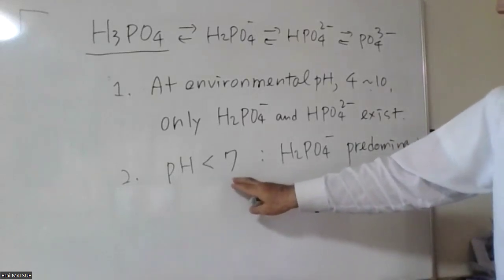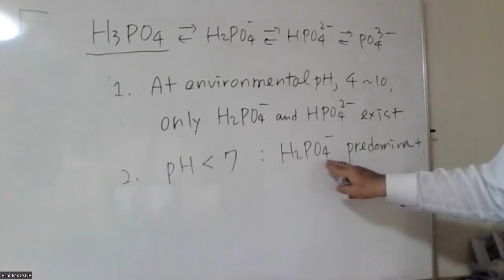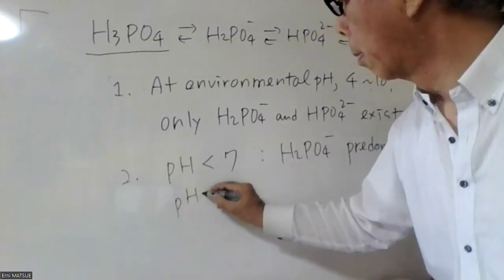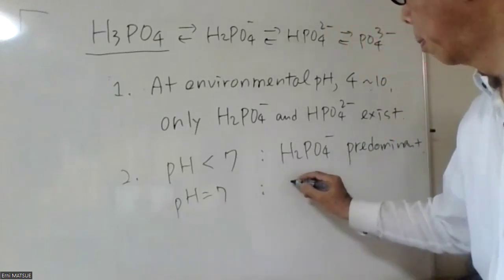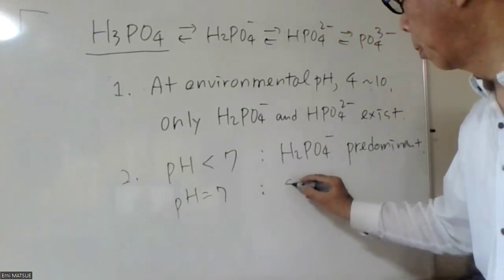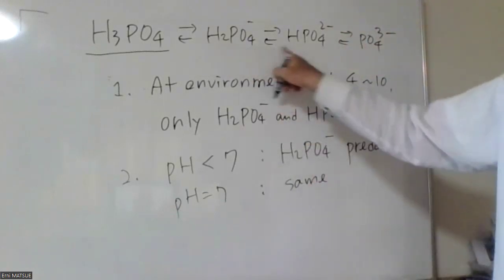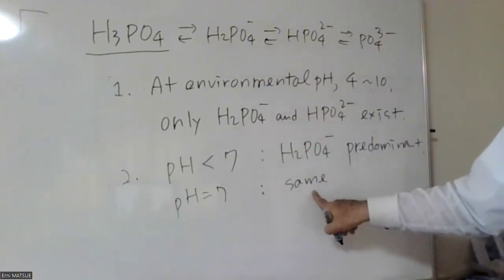At pH lower than 7, H2PO4 minus is predominant. At the crossing point, two species exist at the same percent.